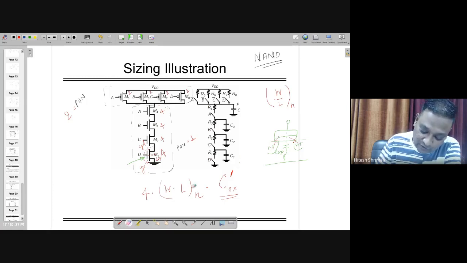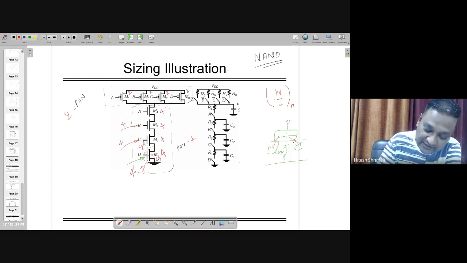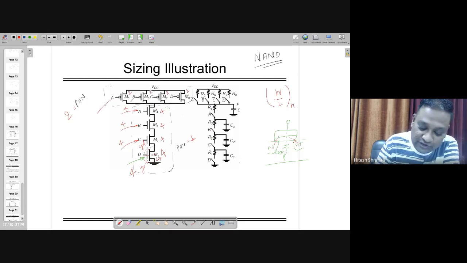So if I want to normalize this to the whole thing, I can say that the capacitance looking into this one is 4 times. Capacitance is also 4. This side is also 4. This side is also 4. At the gate, everywhere 4. But if you're looking here, it's 2 each. I'm writing this again. It's normalized with respect to the total capacitance looking into the gate. Let's call this one the gate capacitance multiplied by W times L times whatever the number you are adding here.